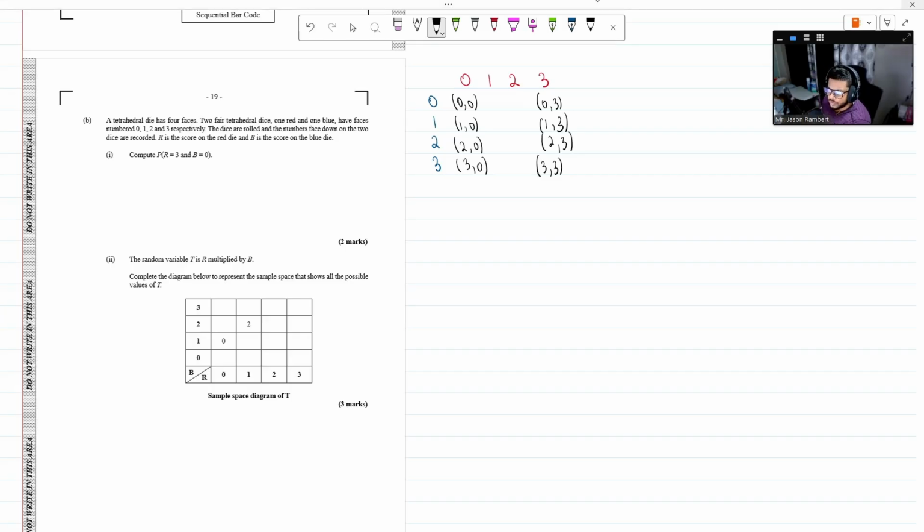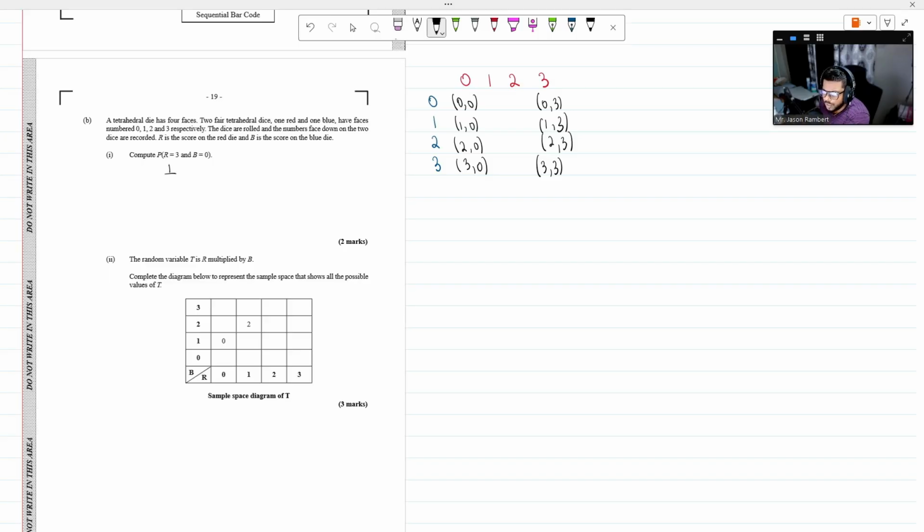All right, so the probability that a red is 3. Oh no, this is easy, man. I didn't have to go into a sample space. The probability that the red is 3 and blue is 0, and means multiply. The probability that the red dice is 3 is going to be 1 out of 4.